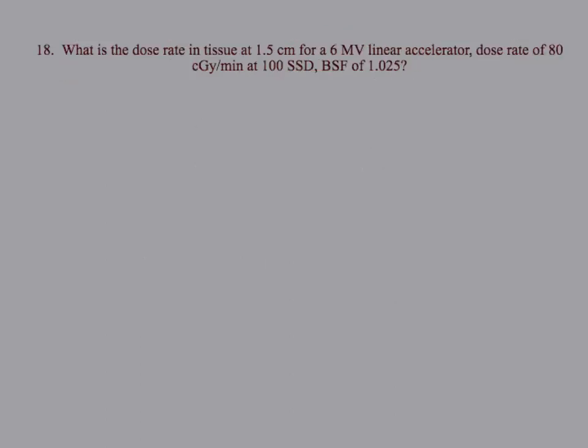18. What is the dose rate in tissue at 1.5 cm for a 6 MV linear accelerator? Dose rate of 80 centigray per minute at 100 SSD, backscatter factor of 1.025. Define the dose rate at Dmax, because 1.5 cm is Dmax for my 6 MV.